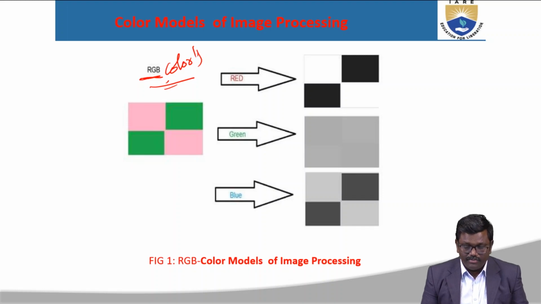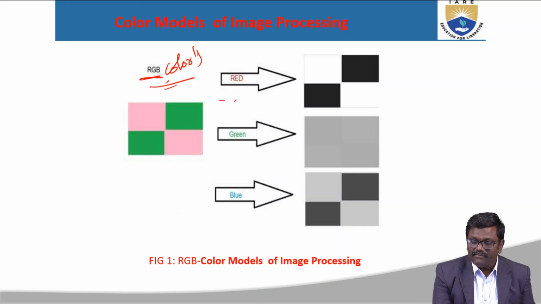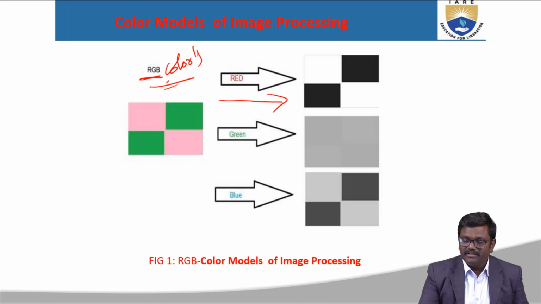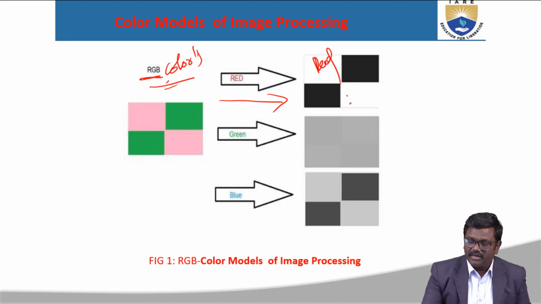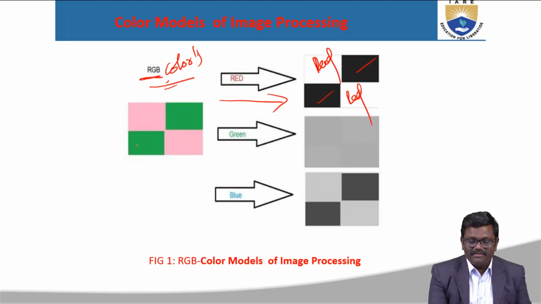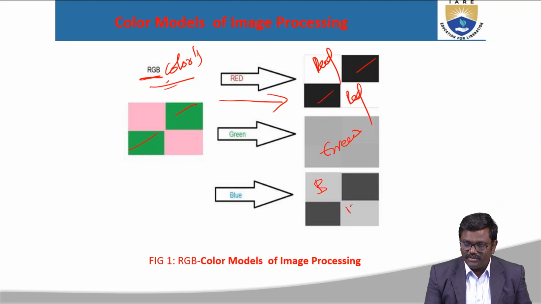So how are we going to concentrate on this? We are converting the color image into the required color. This is red, and the remaining things are black, completely avoided. Suppose this is green; we convert it into the required green color. And here is blue.